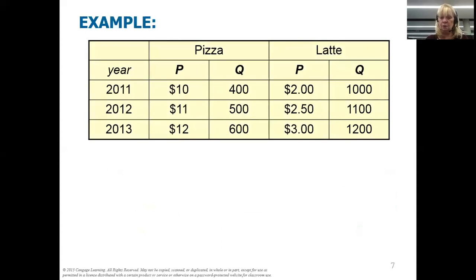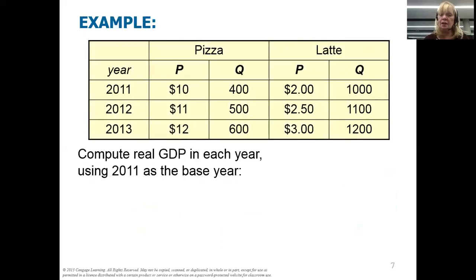Real GDP, you will remember, is based on prices in the base year, which we're told right here is going to be 2011, but the quantity of the current year. So for the first year, 2011 is the base year, so we use the $10 price for pizza. 2011 is the year we're calculating, so we use the 400 quantity.